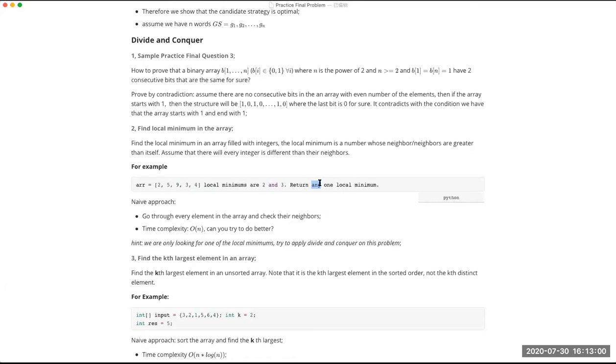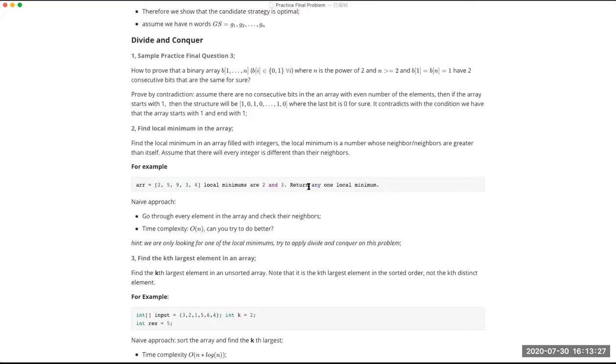Let's take a look at the naive approach. The naive approach has time complexity of O(n). We go through every single node in this array and see whether it is a local minimum. But we can design a better algorithm with a better time complexity.